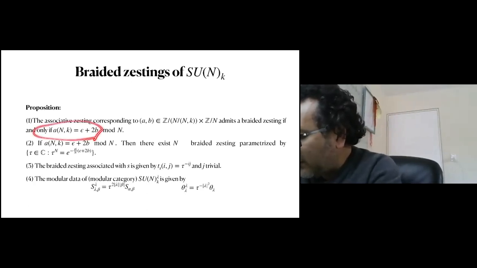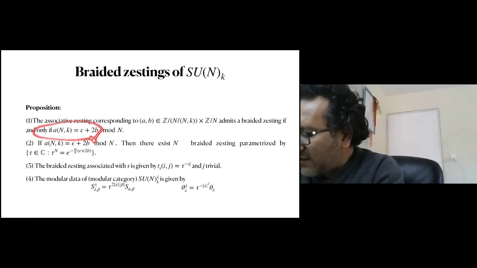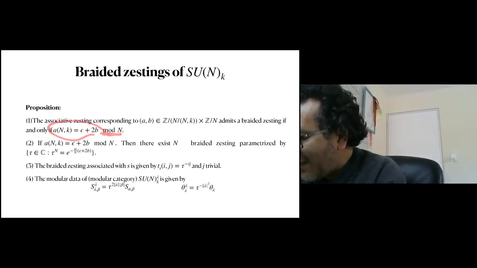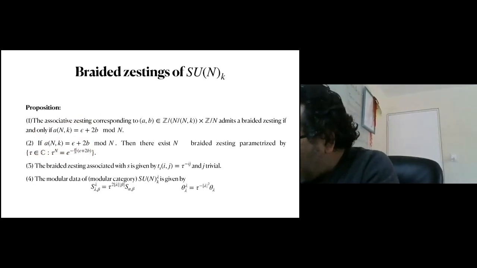So here is a condition that is just the computation of the obstruction written in a concrete way, in terms of an equation mod n. Once we know that the obstruction vanishes, this is a parameterization of all possible braided zesting. And here we have concrete equations again for the T and for the J. In this case, the J is trivial.